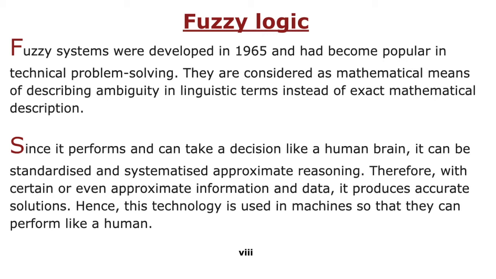Therefore, with uncertain or even approximate information and data, it produces an accurate solution. Hence, this technology is used in machines so that they can perform like a human. Fuzzy logic or fuzzy systems are logical systems for standardization and formulation of approximate reasoning.